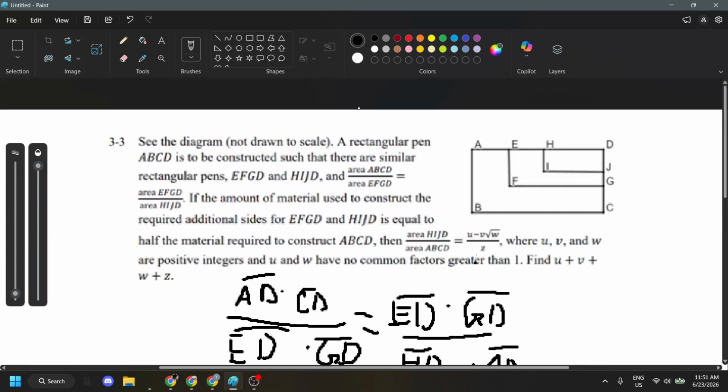Okay. The amount of material required to construct the additional sides for EFGD and HIJD. So I guess it's just going to be ED, because this is the same as this. I'm not going to be using F or I because I don't need to.